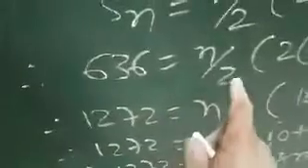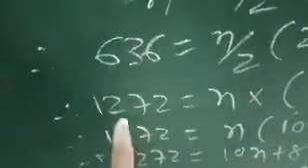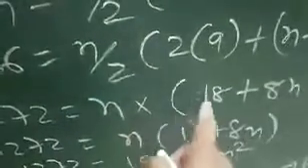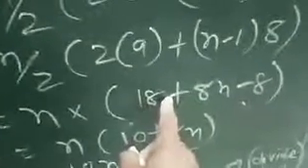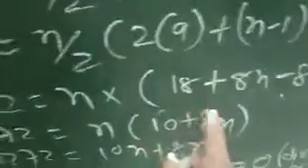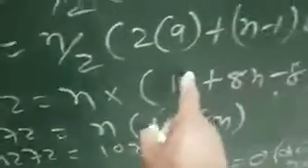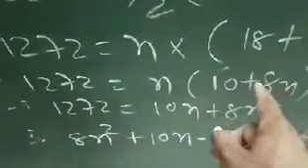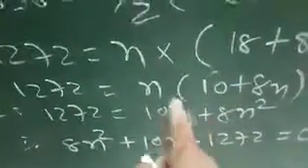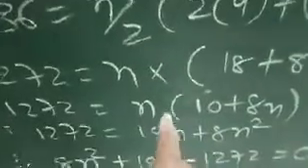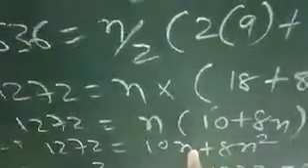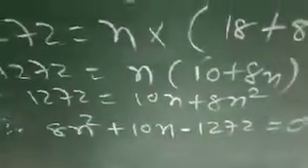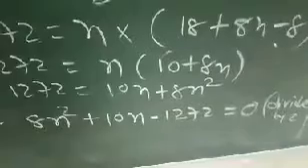So here we multiply this 2 with 636, it means 1272 is equal to n multiplied by (18 plus 8n minus 8), that is 10 plus 8n. Now we open this bracket with n, so n multiplied by 10 is 10n plus 8n square.